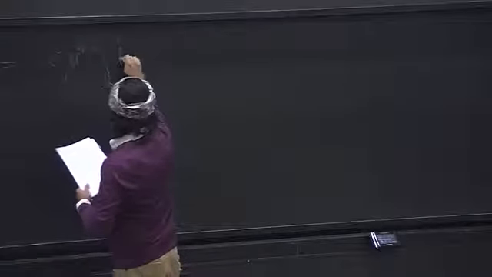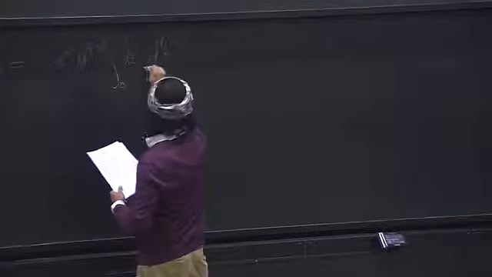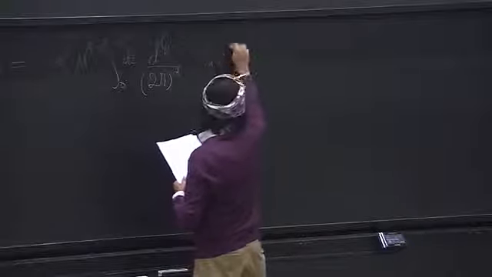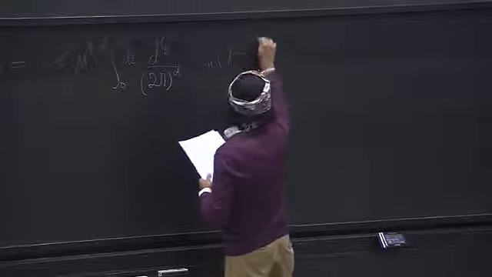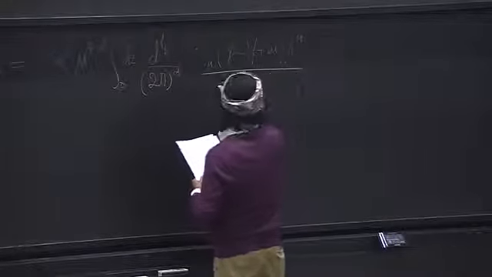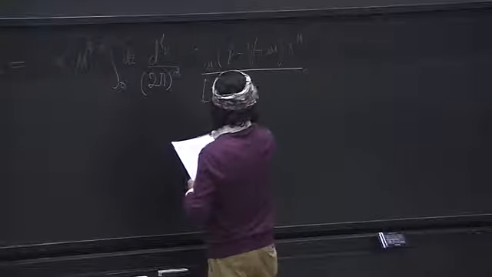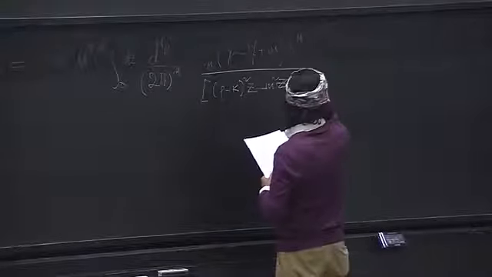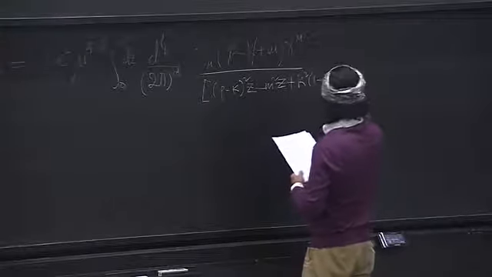And so our self-energy of the electron now becomes gamma mu (p slash minus k slash plus m) gamma mu divided by (p minus k) squared z minus m squared z plus k squared (1 minus z). Right.